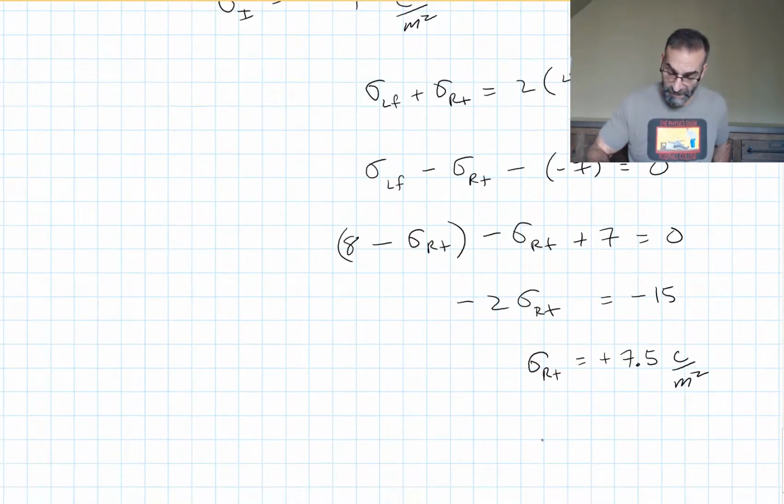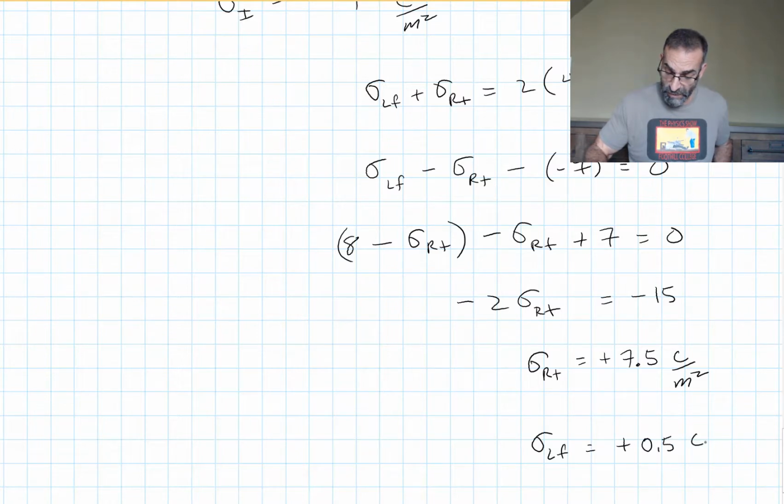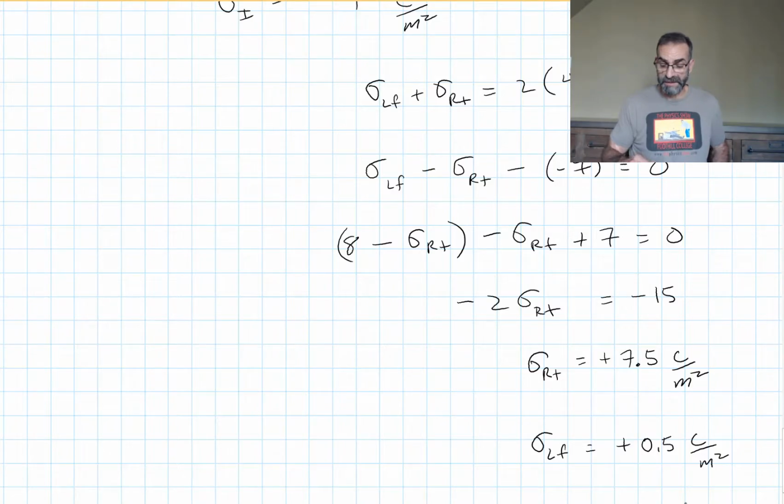And what would sigma left be? Sigma right plus sigma left have to add up to 8. So it would also be positive 0.5 coulombs per square meter.